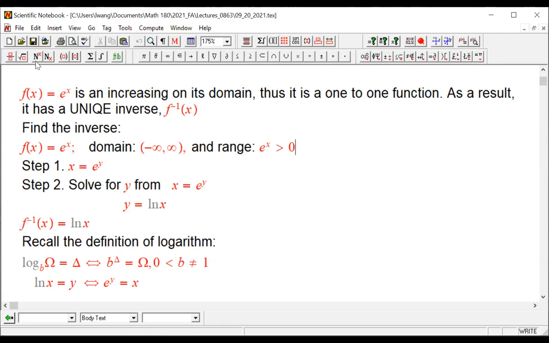X larger than 0, X less than 0. No, wait, Wilbur, you said 0 greater than X. What does that mean? That means X less than 0. What is that for? Wilbur, what is that for?